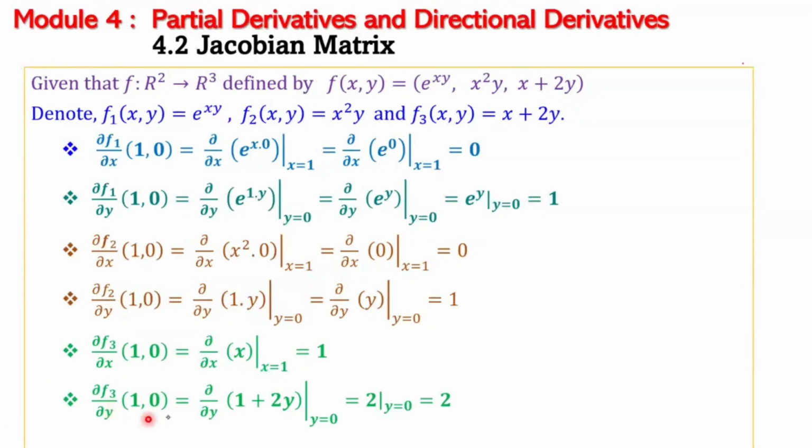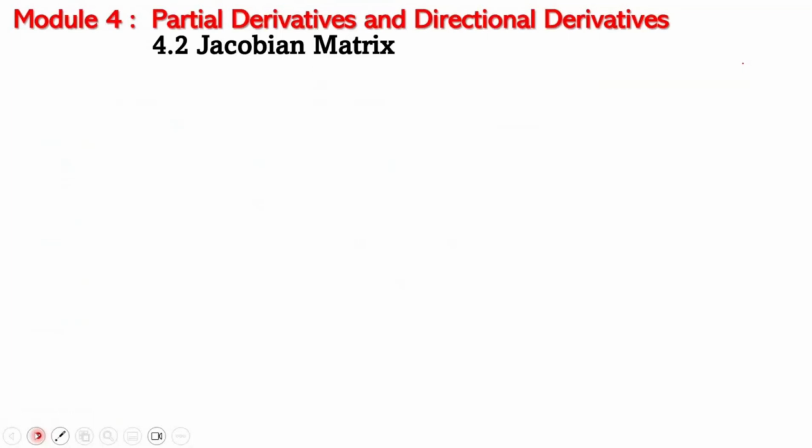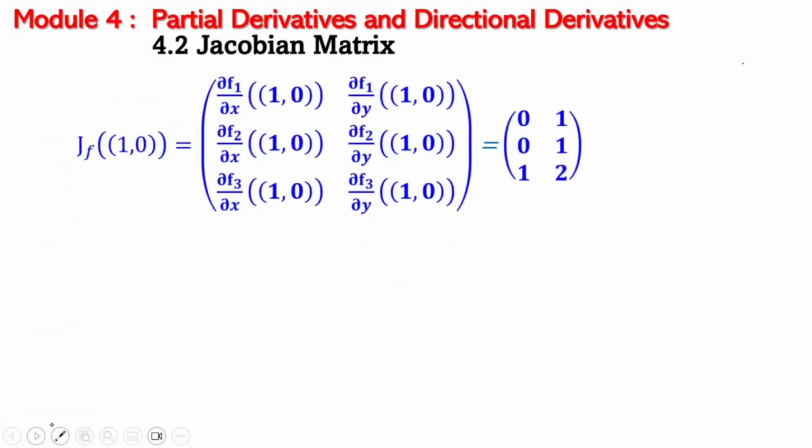And f3 with respect to y is 2, since we put x equal to 1 and take the derivative of 1 plus 2y. So we get the Jacobian matrix for the function f: 0, 1, 0, 1, and 1, 2.